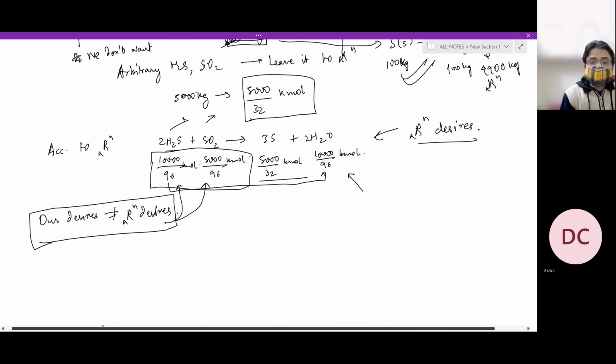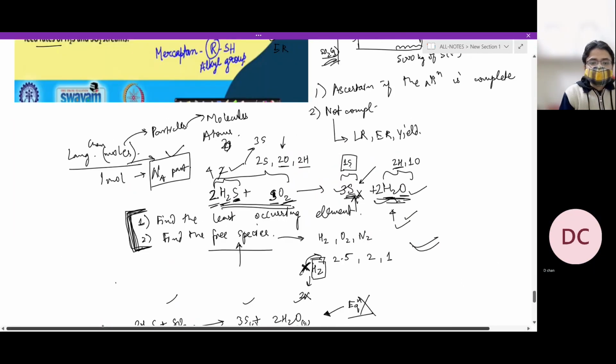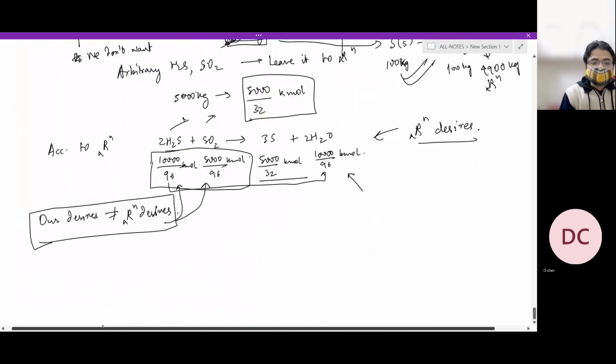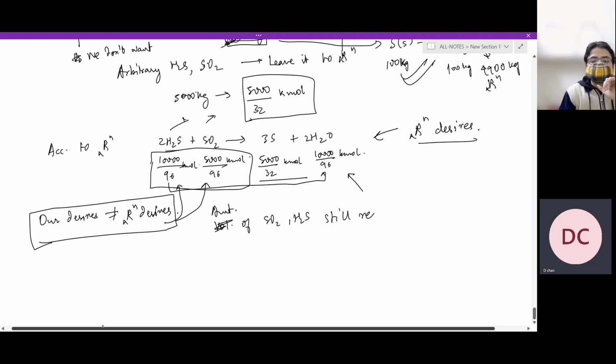However, in this gas chamber, you are given that the ratio of SO2 to H2S in the product gas is 3. That implies that a certain amount of SO2 and H2S still remain in the product, right?